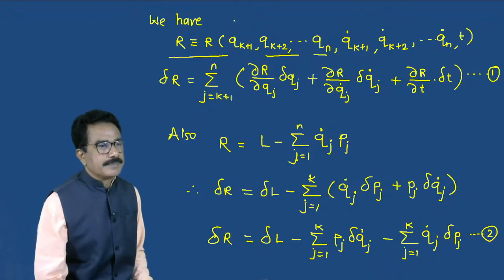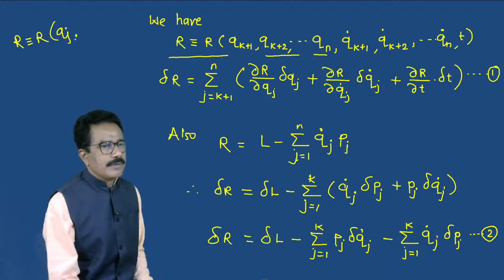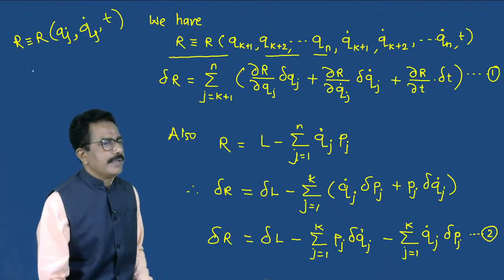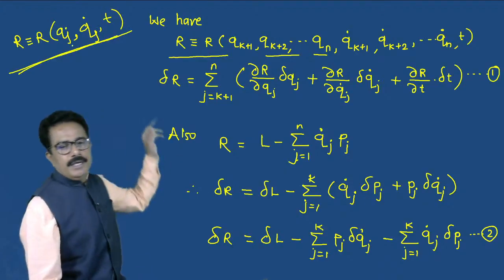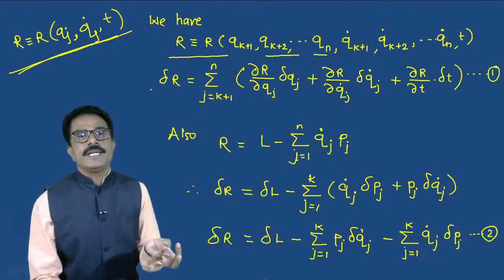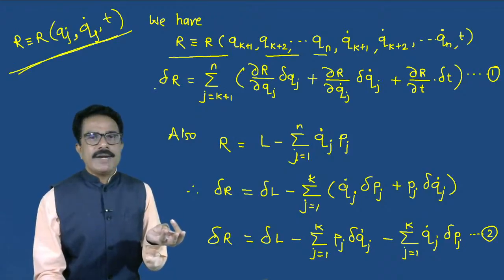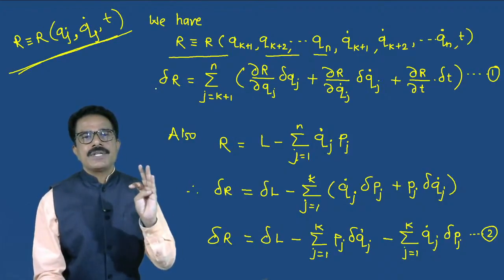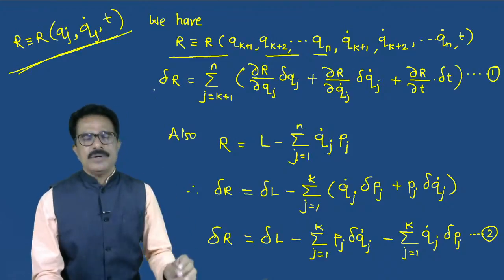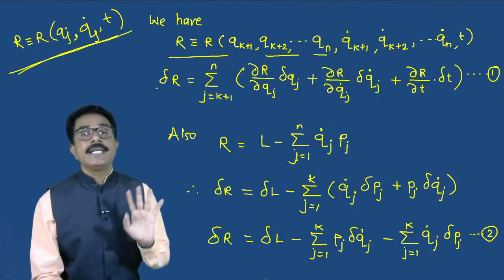See here, R is equal to R of qj, qj dot, t, because the Routh function is also a function of generalized coordinate qj, generalized velocity qj dot, and time t.